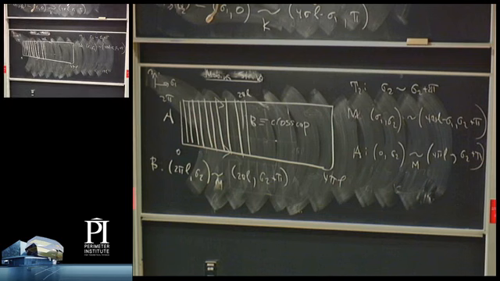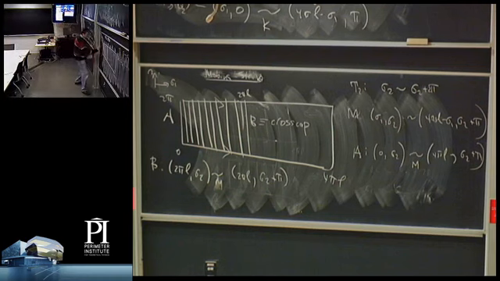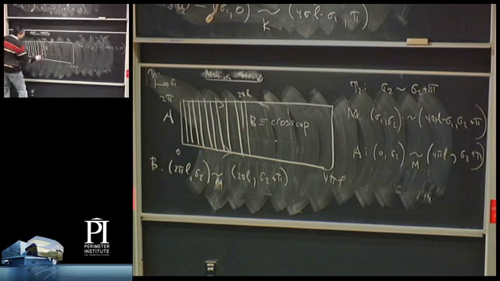And now I'm just doing my analysis as before. There are two segments, A and B. A is a crosscap, and there is no difference here from the case of the Klein bottle. Exactly the same identification, and well, actually no, I'm slightly lying to you.